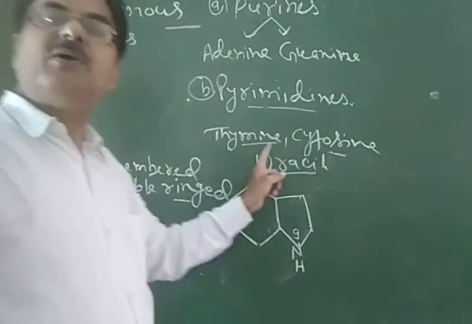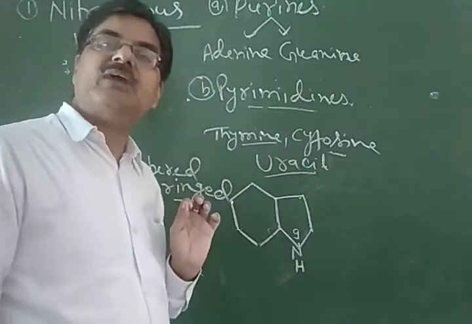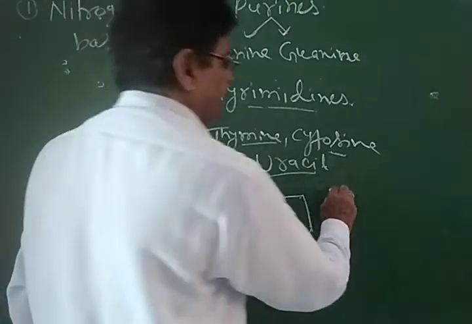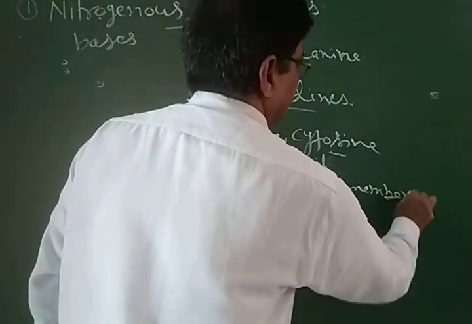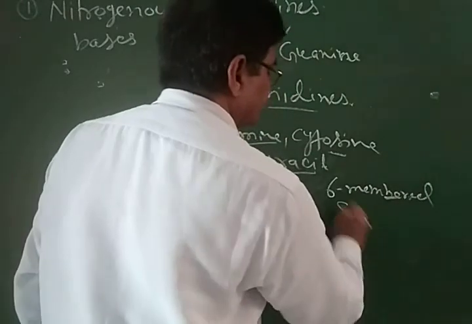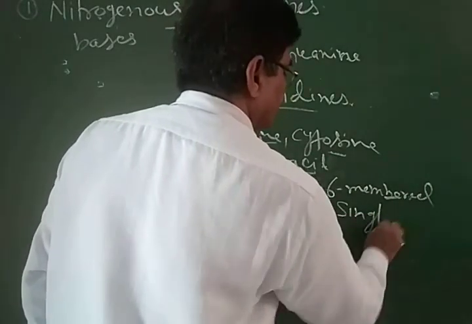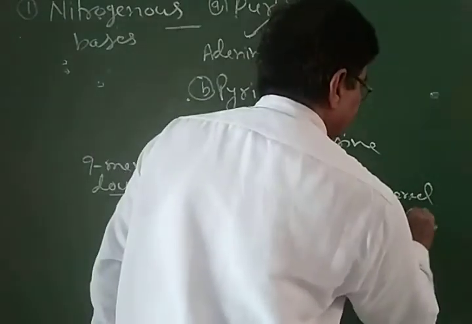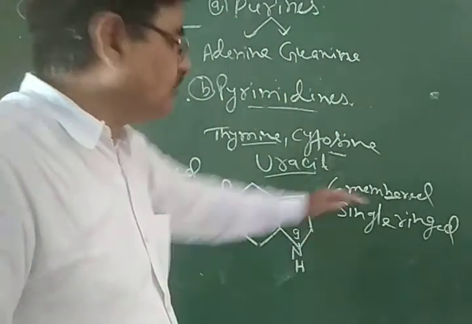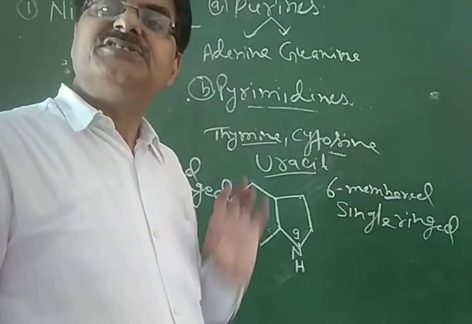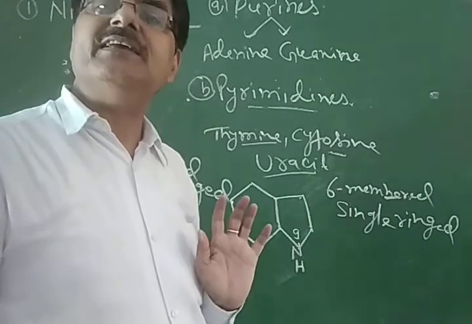Now we will talk about the thymine, cytosine and uracil. They are six-membered single ringed structure, or you can say monocyclic structure.